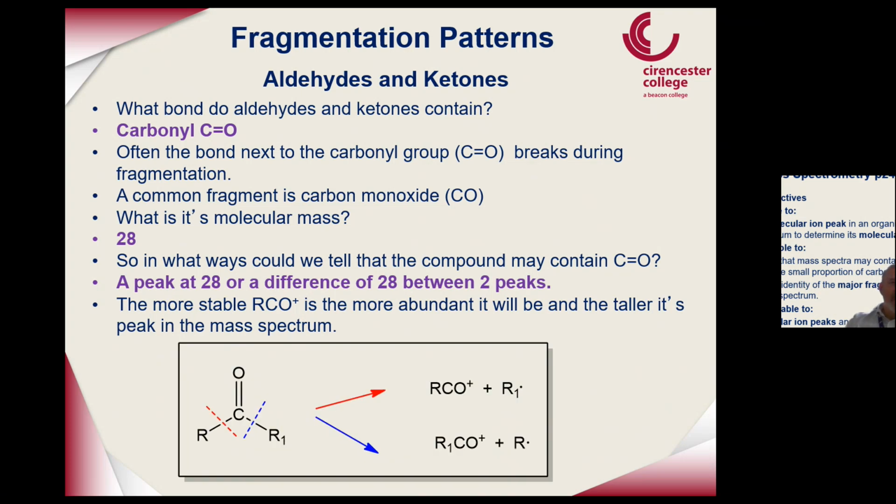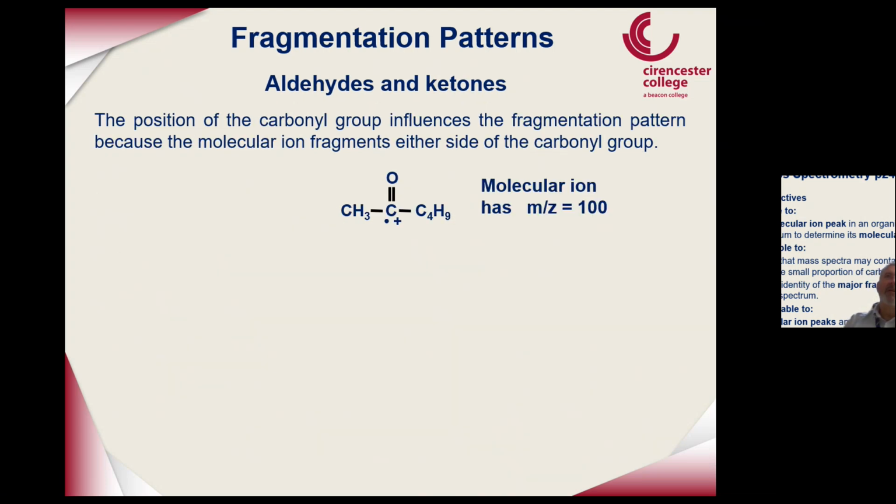Here we have our carbonyl. It could be a ketone, an aldehyde, or a carboxylic acid. If we break one of those bonds, the red one, we get RCO+ and R1. So this is how we get it.